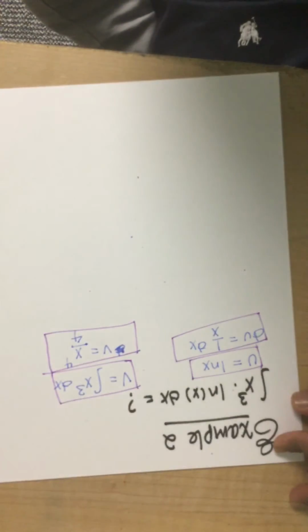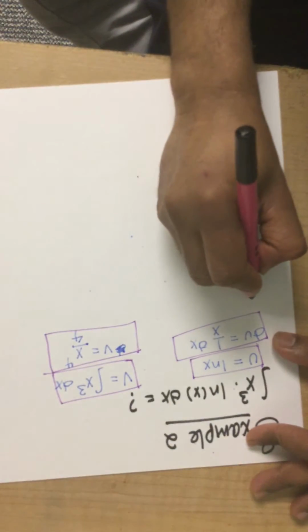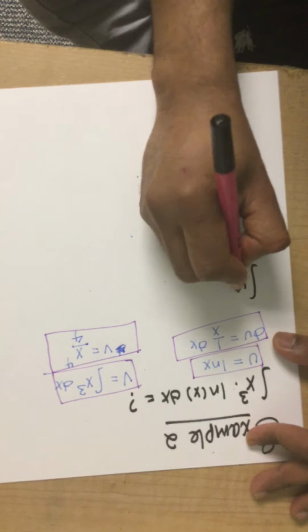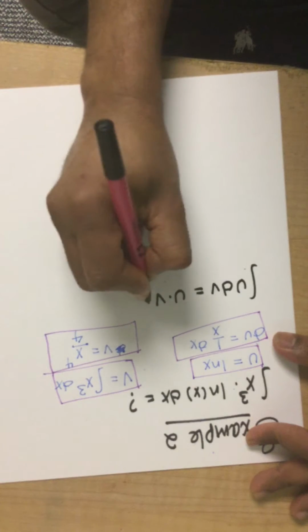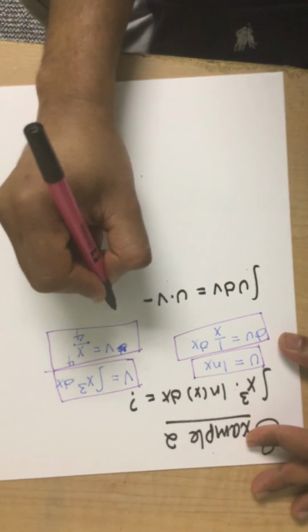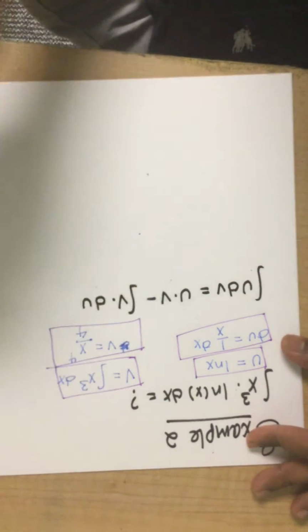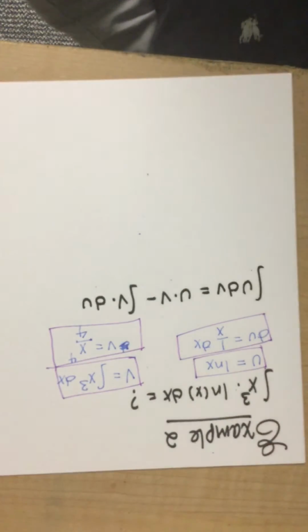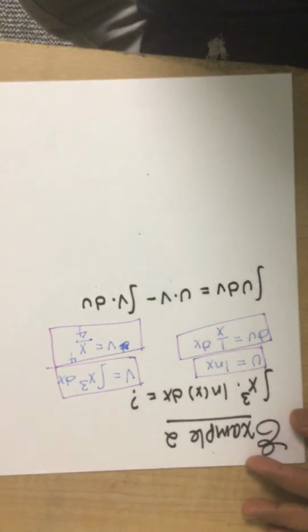All right, let's bring the formula again. Integral of u dv is equal to u times v minus the integral of v times du. Now I have all my parts, so I don't have any problem to substitute them.